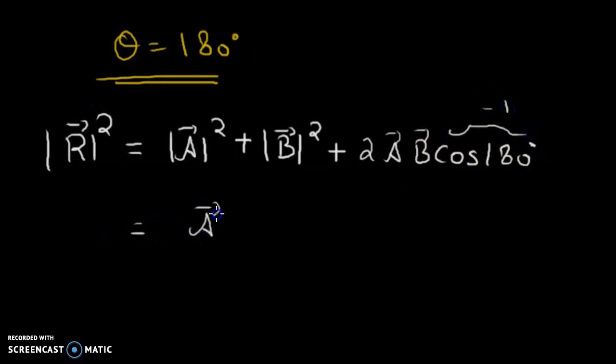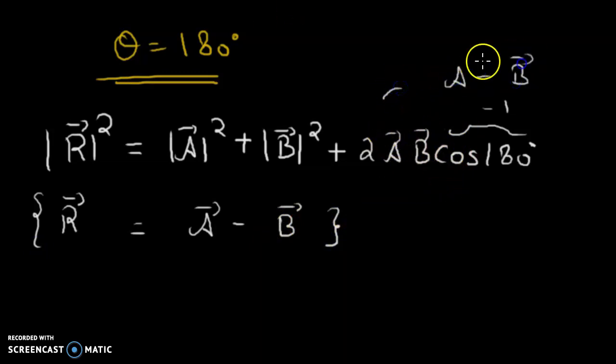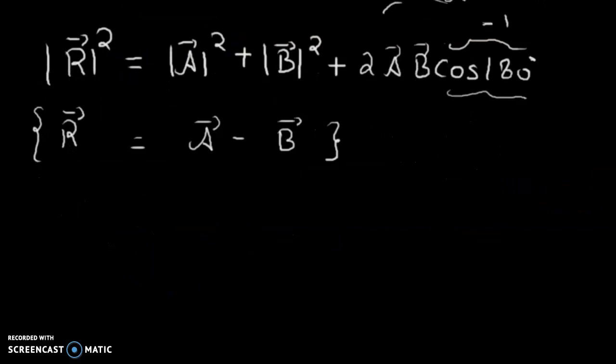So this would be minus 2ab, which is actually nothing but a minus b vector whole square. I hope you're understanding this, because cos 180 would be -1, so negative 2ab, and the squares cancel out. So r vector is actually the difference of the two vectors.